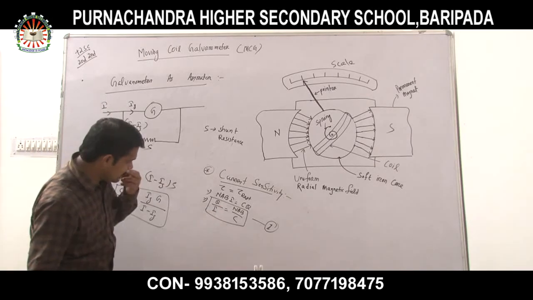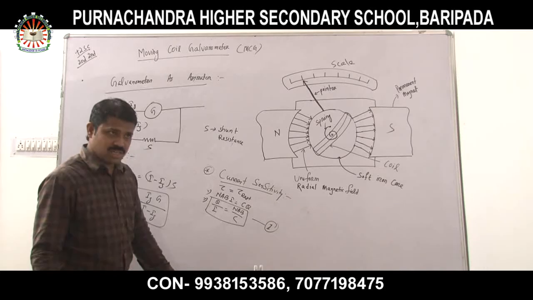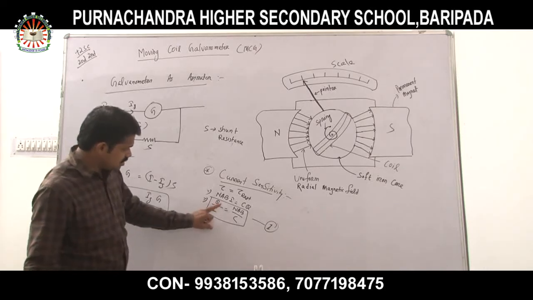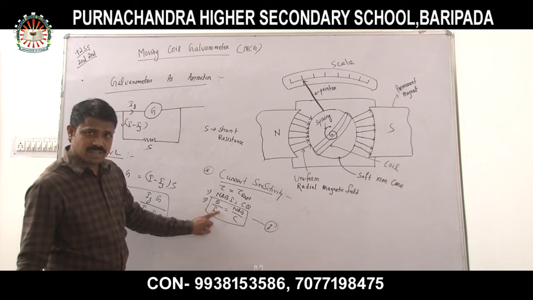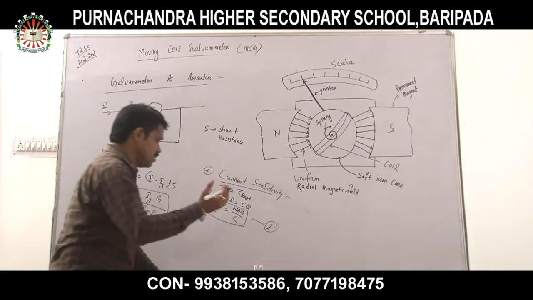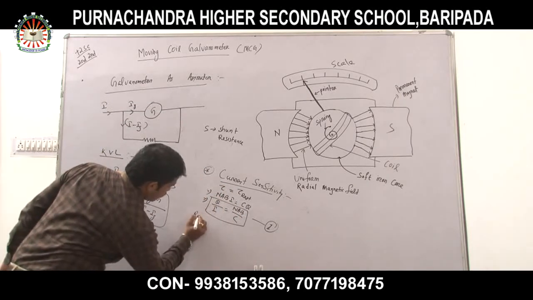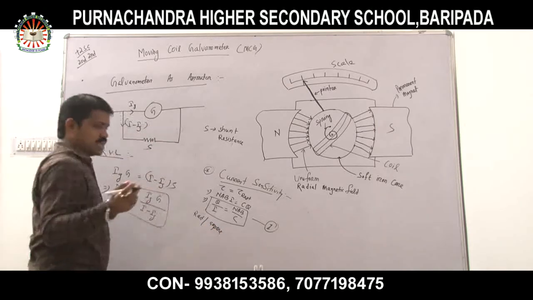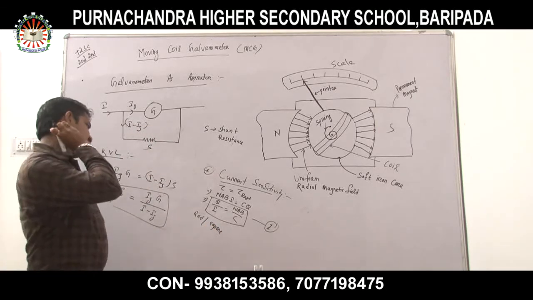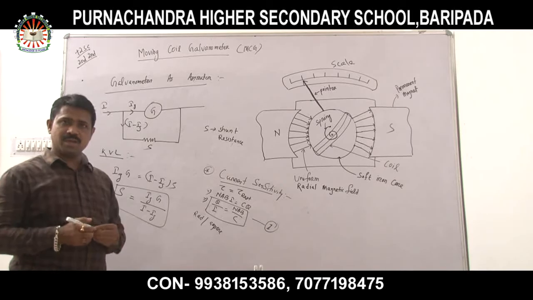What is the unit of current sensitivity? Theta is in radian and I is in ampere. So radian per ampere, very simple. The SI unit of this current sensitivity becomes radian per ampere.